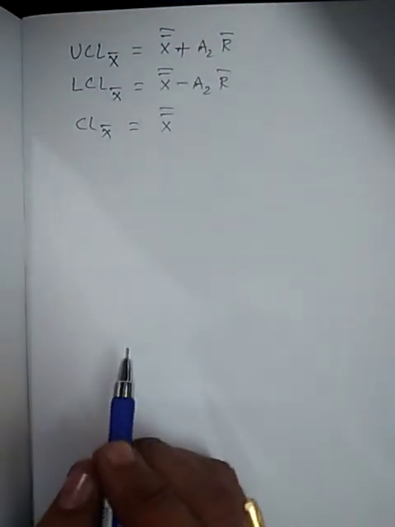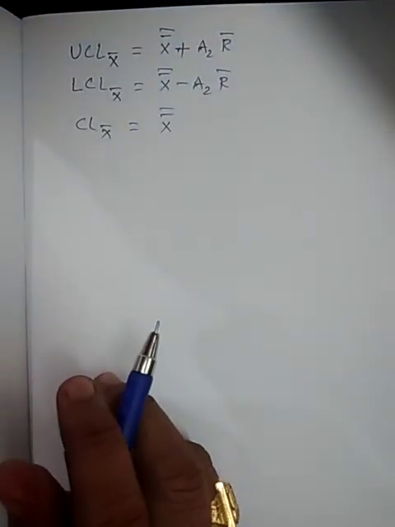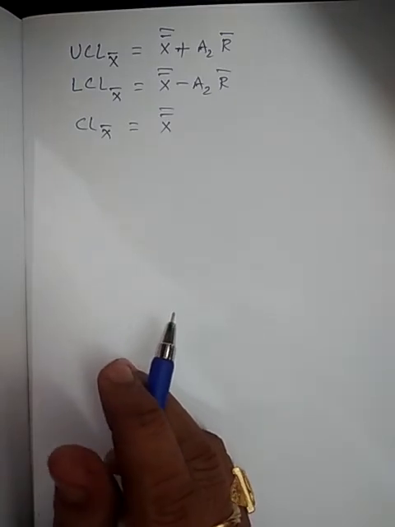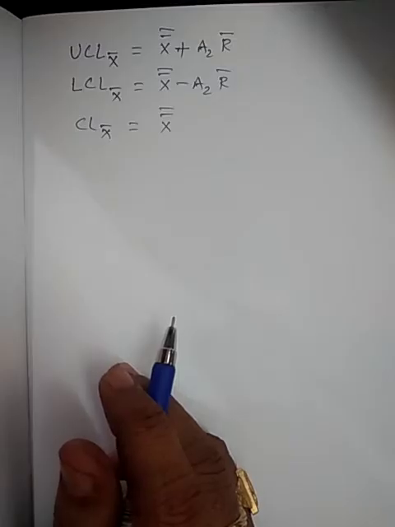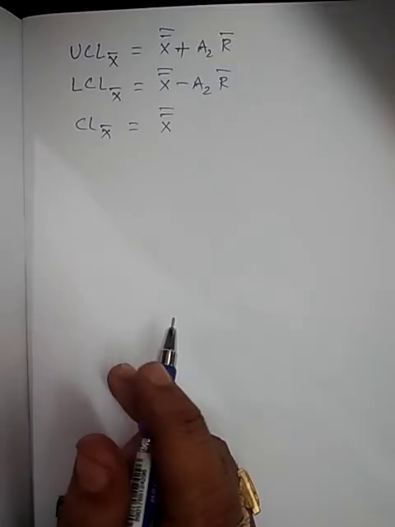UCL of x bar is equal to x double bar plus A2 R bar, LCL of x bar, lower control limit, is x double bar minus A2 R bar, and CL of x bar is equal to x double bar. Hope you understand. These are the control limits in a case where mu is estimated by x double bar and sigma is estimated by R bar by d2.